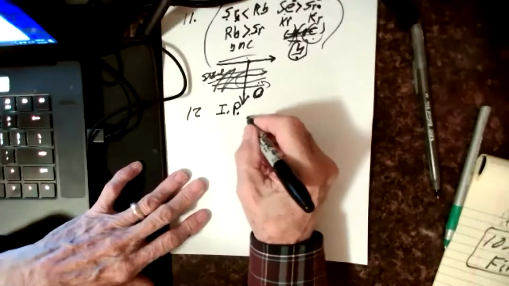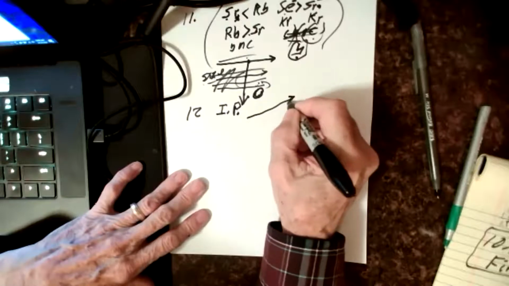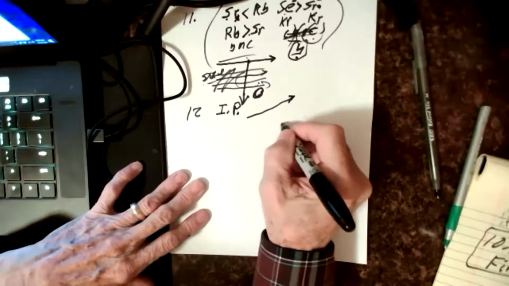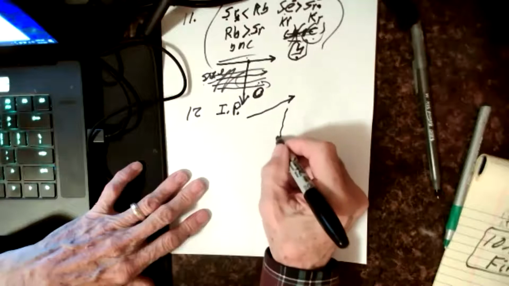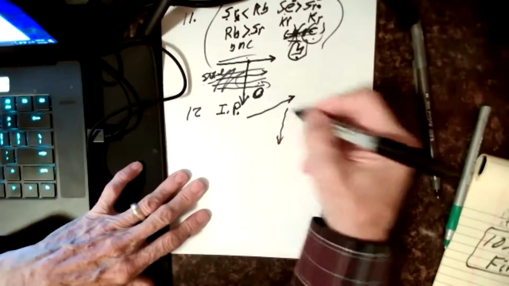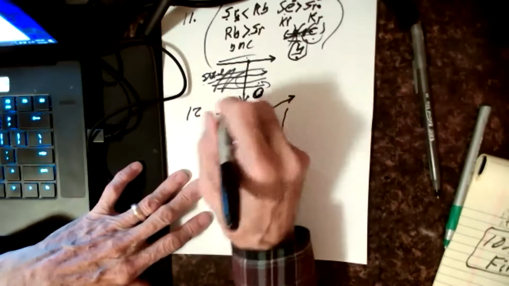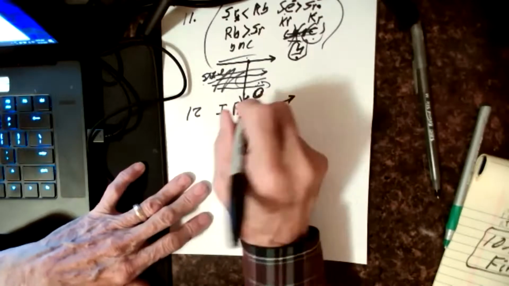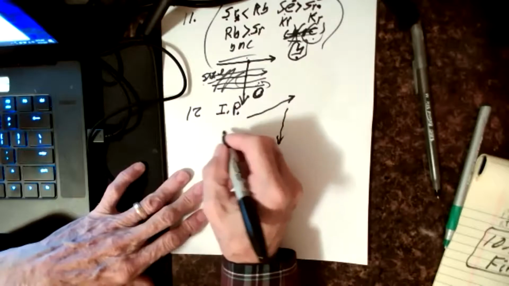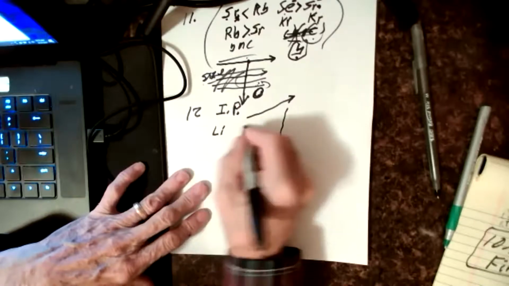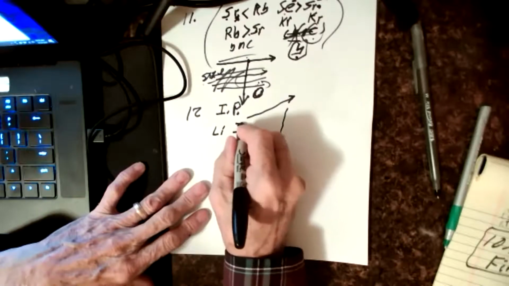Well, we know that it increases as you go across a period, and it decreases as you go down a column. That's the general trend, but there are some points where things are different. We're looking at lithium and iodine.